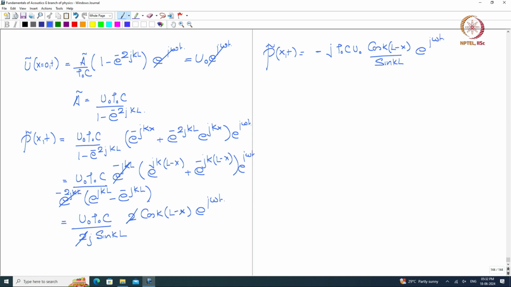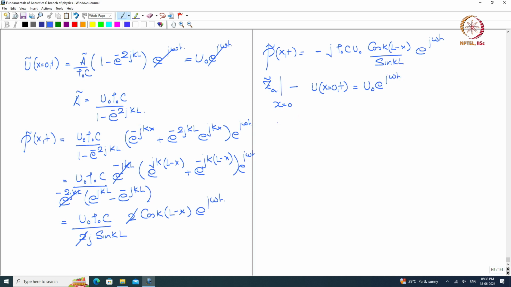j omega t. Okay, I would like to compute acoustic impedance at x equal to 0, but I already know my particle velocity u at x equal to 0 comma t is u0 e to the power of j omega t.